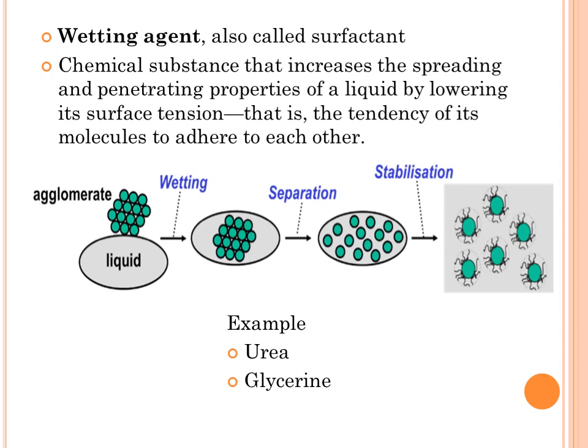So water gets penetrated into it, and this is how the solubilization process starts. The dye molecule size will gradually decrease by the action of water and wetting agent. So the agglomeration of the dye molecules is avoided by using wetting agent. It reduces the surface tension.